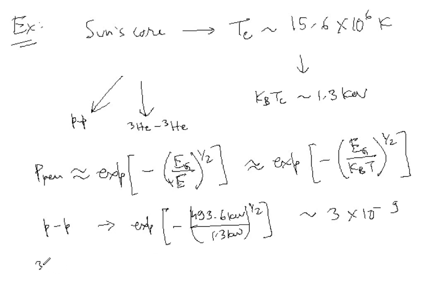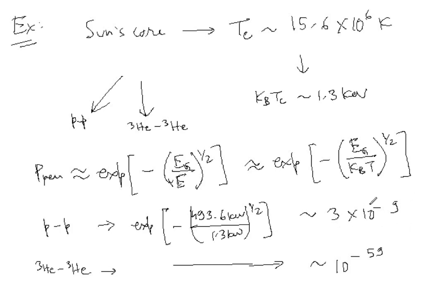What about the 3 helium collision? This one again, if you do this similarly, then you will see that this comes out to be around minus 59. Now this is a very small number, right? So what is the range?